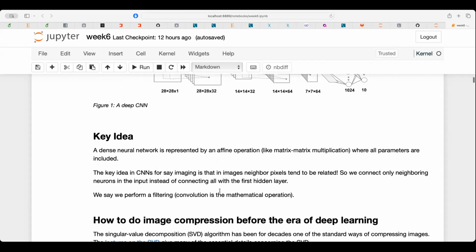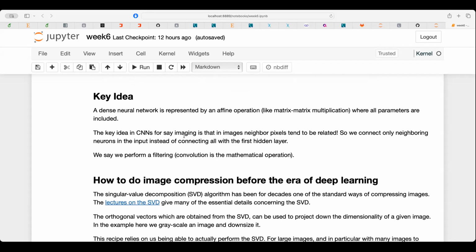So as I said, the key idea is to move away from a dense neural network, which is normally done by this affine transformation. If you're doing imaging, which is the standard application of convolutional neural networks, images in the neighbor pixels tend to be related.